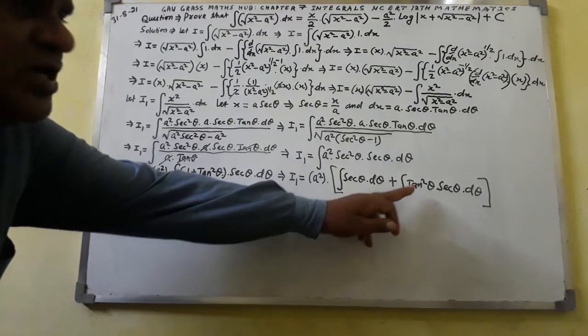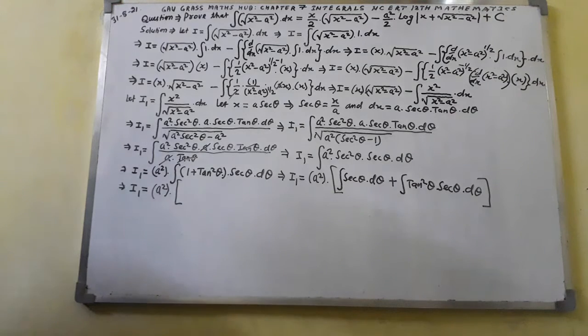This second term will become the first term. I am putting in the respective values here: tan square theta, sec theta, d theta, all values will be put here. Let us see what the result will be.